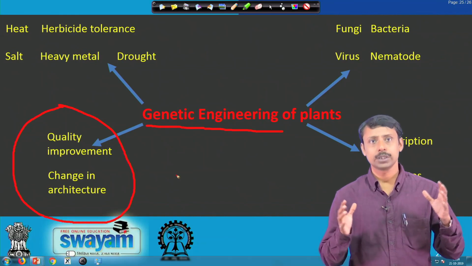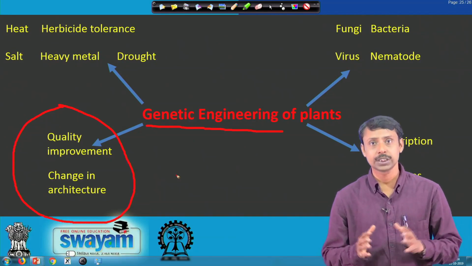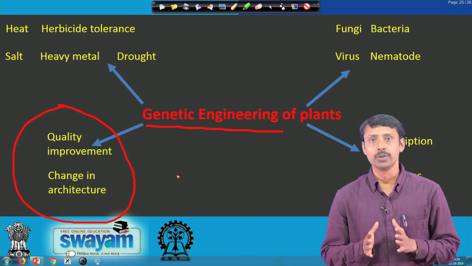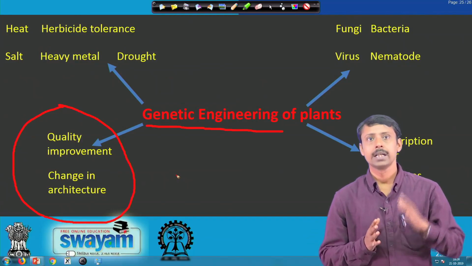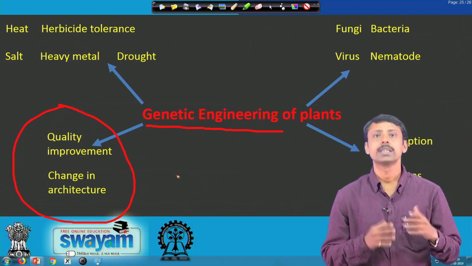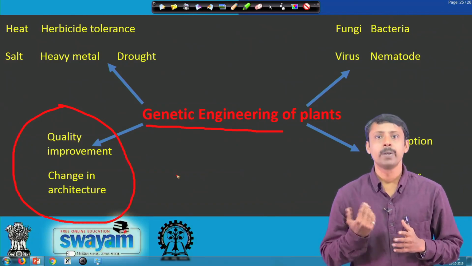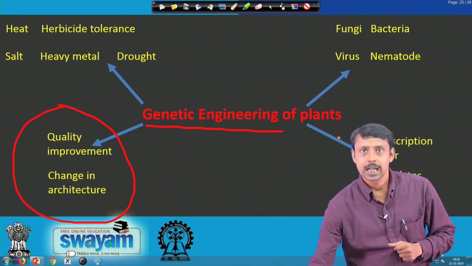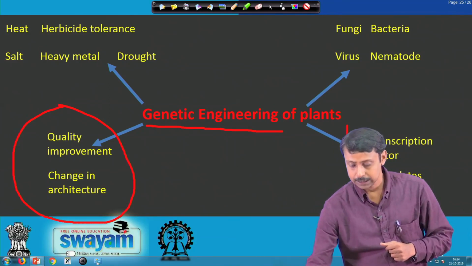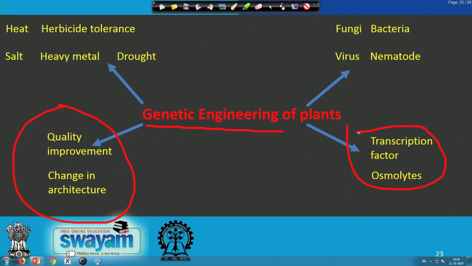Because in most cases, if the root structure is improved, if the root structure becomes more robust, the plant can tolerate the drought stress or salt stress in a better way. So, certain studies have been done to overexpress the transcription factors or osmolytes, as those are the master genes. Later on we will discuss those things a little bit in detail.